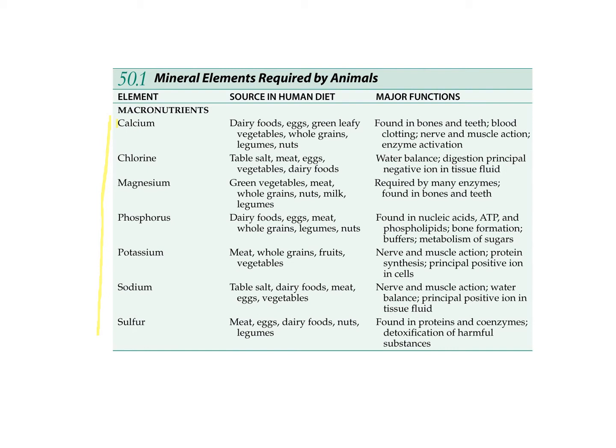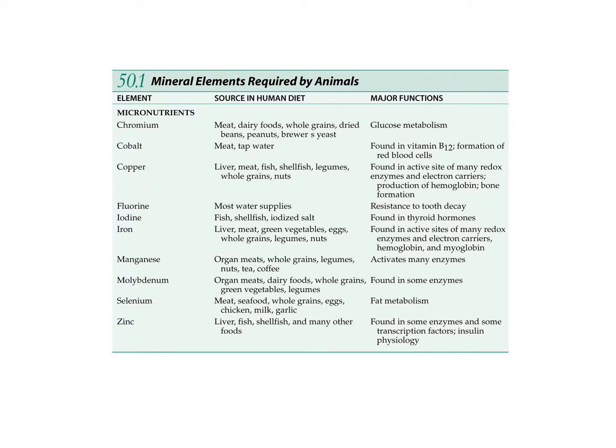Calcium, of course, also is important for bones. Chlorine's very important. Potassium and sodium, of course, and sulfur. The micronutrients include a fairly long list of somewhat obscure elements. Again, read it for your interest. Understand some of it, maybe we'll come back to it, and I'll mention it again.